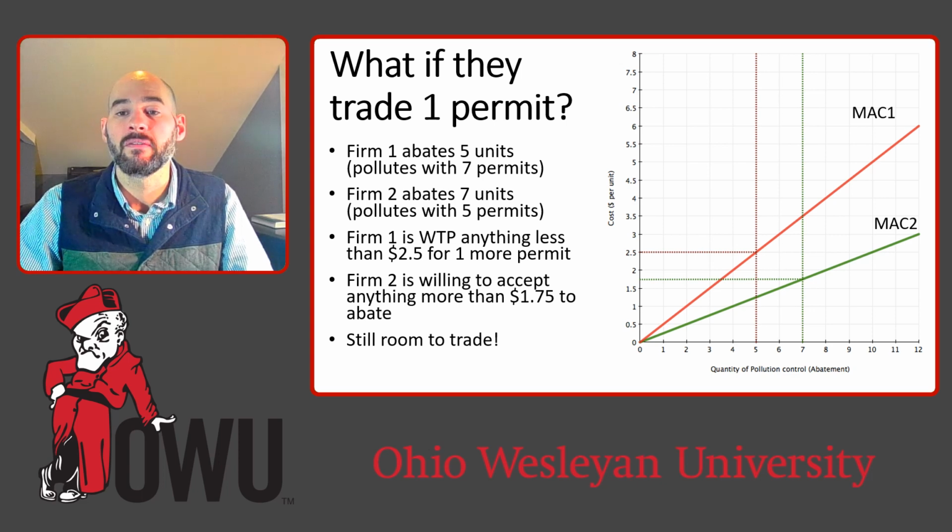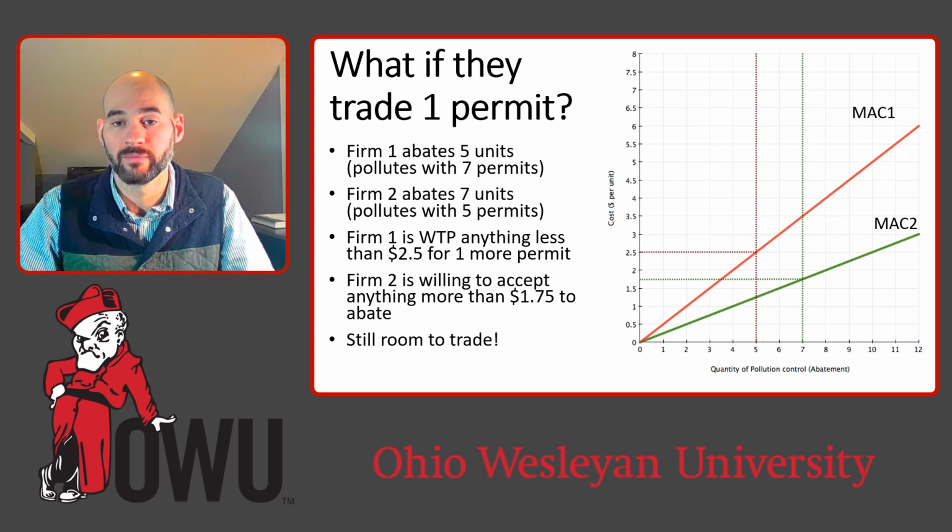So now firm 1 would be willing to pay $2.50 for one more permit, and firm 2 would be willing to accept $1.75 to sell a permit and choose to abate more. So there's still room for trade.